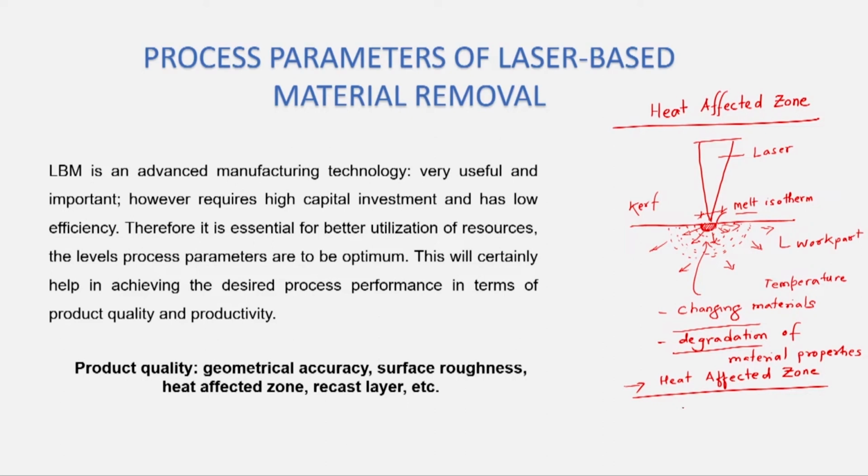So the heat affected zone is controlled by using power, pulse width, that is the interaction time, scan speed, that is also interaction time, and the material properties, that is conductivity.